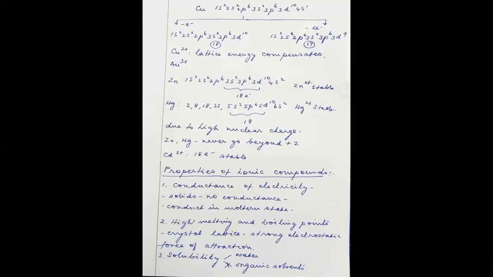So they are not able to move here and there to conduct electricity. But when you raise the temperature, their bonds will break and they are free to move. So ionic compounds conduct electricity either in the molten state or in the solution state, but not in the solid state.